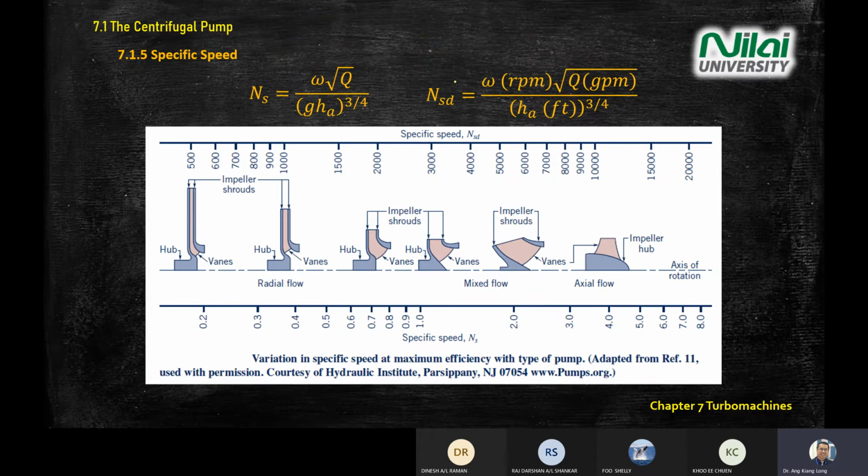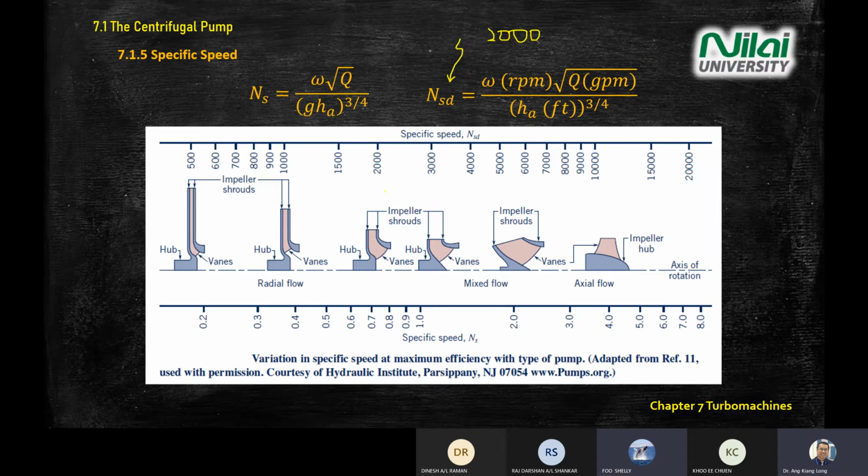Next question I'm going to ask Shirley. If you work in the United States and you're calculating using NSD, the value is 2,000. What kind of pump are you going to use? Radial flow.